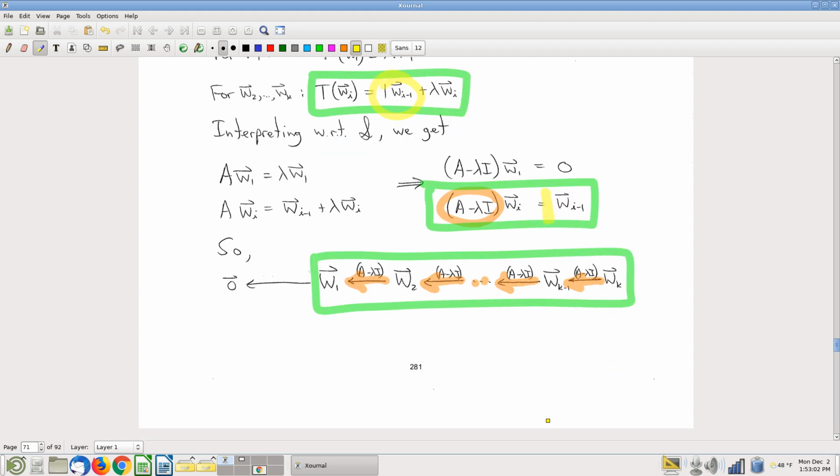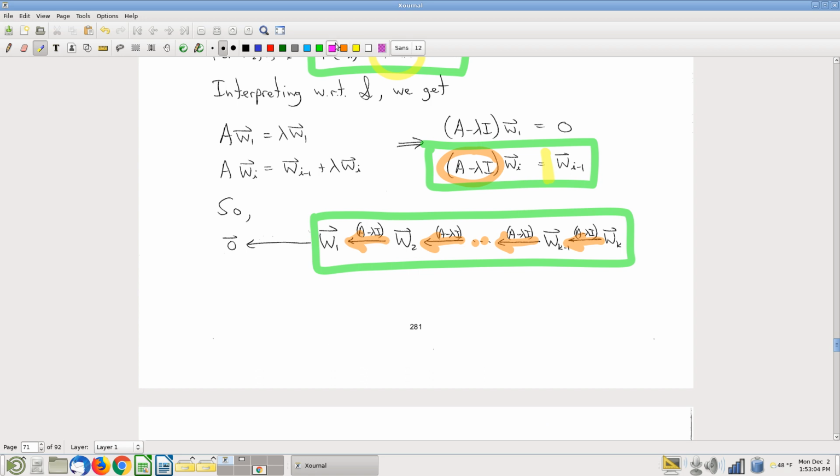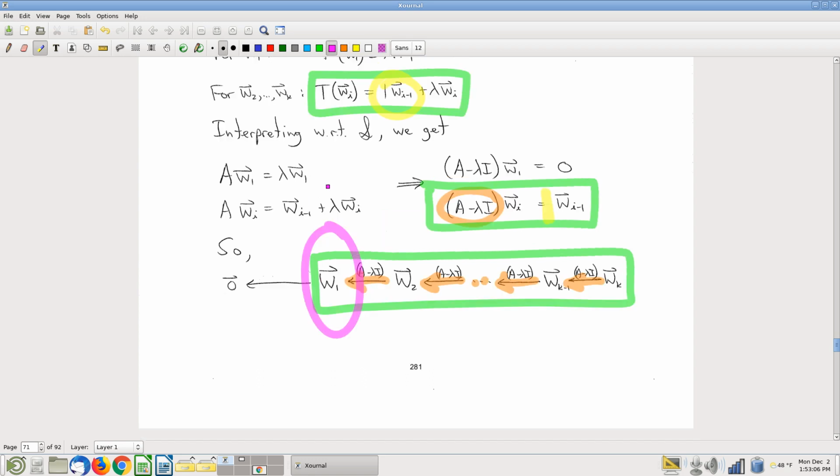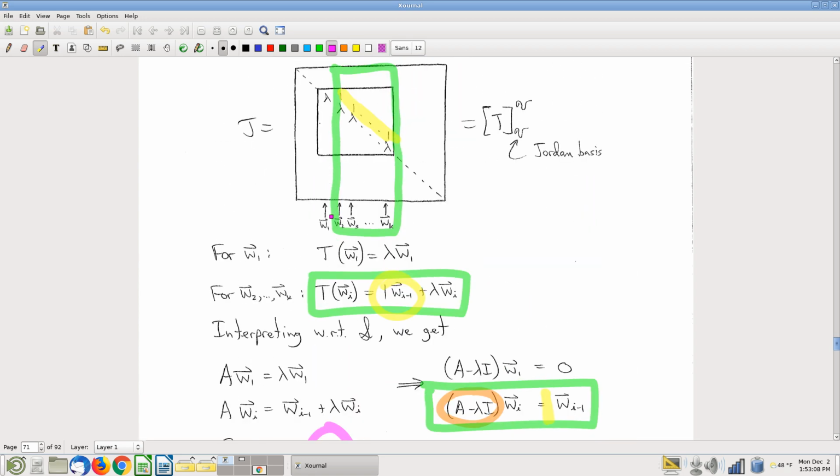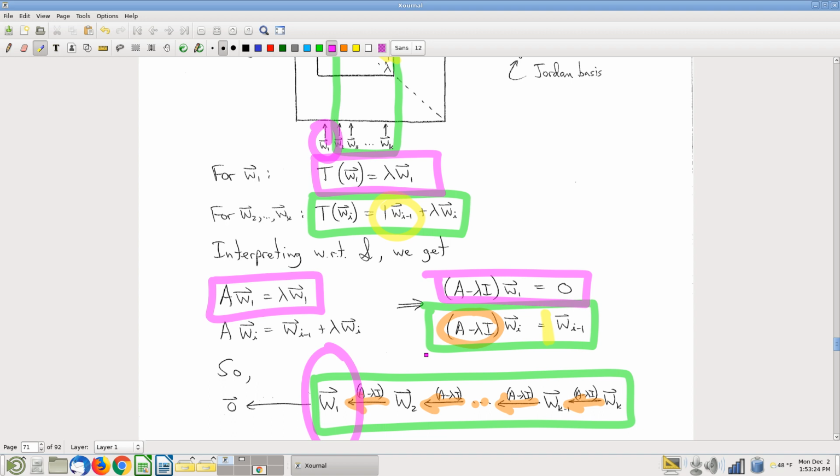Eventually you get to W1. What is W1? W1 is the first Jordan basis vector corresponding to that block. That vector, what does A minus lambda I do to it? Well, A minus lambda I sends it to 0.